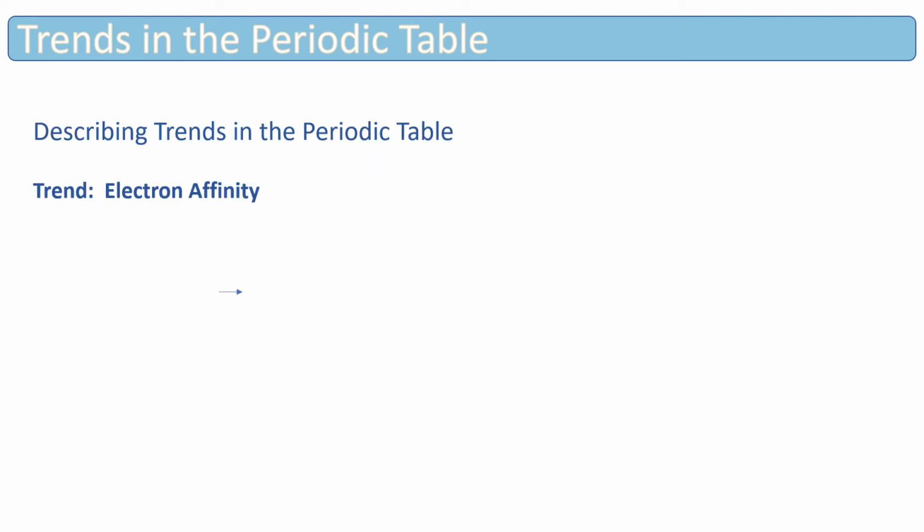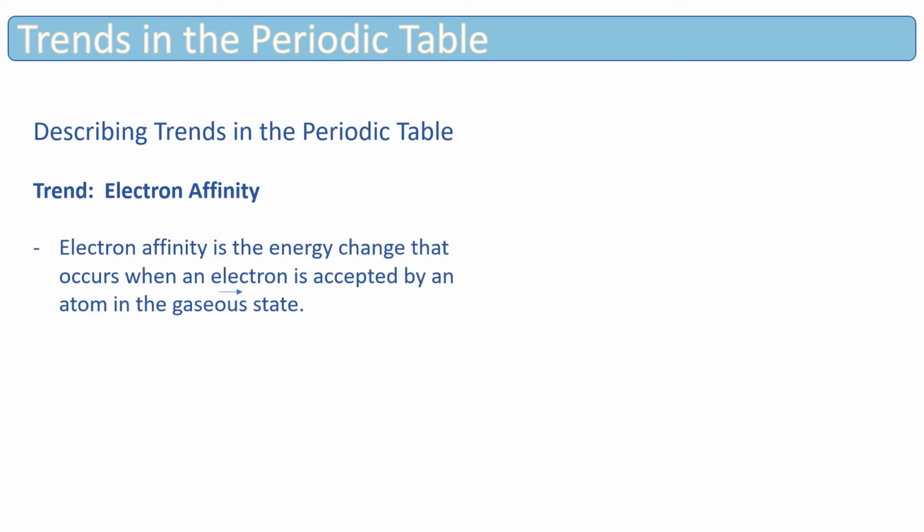The next trend we want to look at is electron affinity. Electron affinity is the energy change that occurs when an electron is accepted by an atom in the gaseous state. So we have our atom joining with an electron to produce a negatively charged ion.